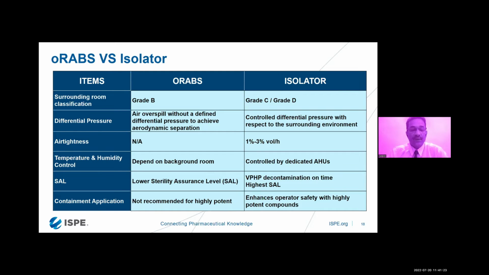So with this question coming on your screen: what is the cleanliness requirement of the clean room where ORABS is located? What type of cleanliness requirements will you have for ORABS equipment? I think during my presentation I already said that, but we'll wait for the final answer to come on the screen.